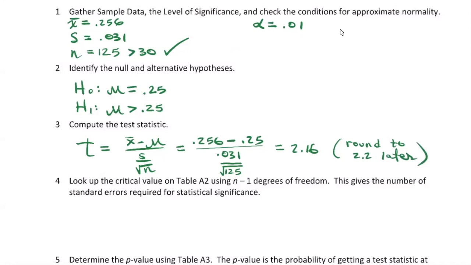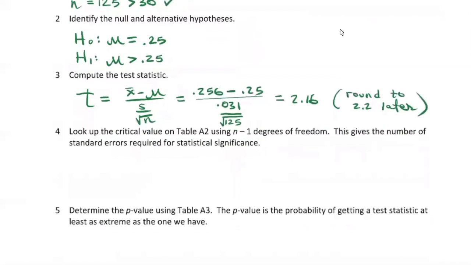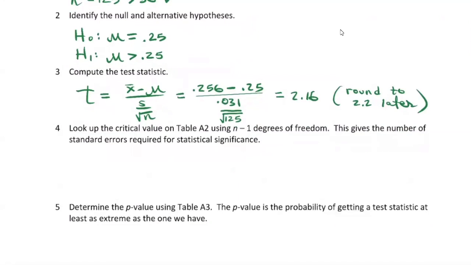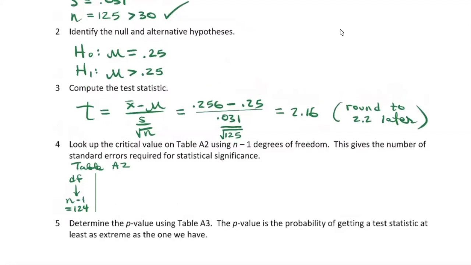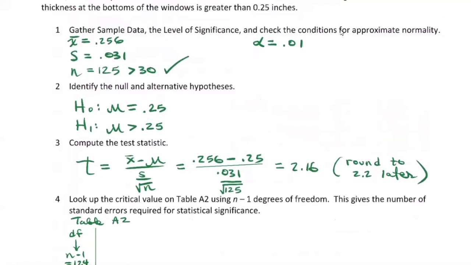Just as a reminder. Okay, now we need that critical value. That's the table A2. So for degrees of freedom, that's n minus 1, which would be 124. Okay, on this one, I think our alpha was 0.01. Double check. 0.01, and it's a one-tail test.